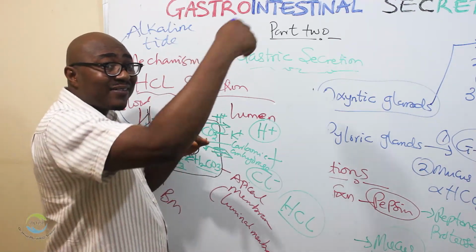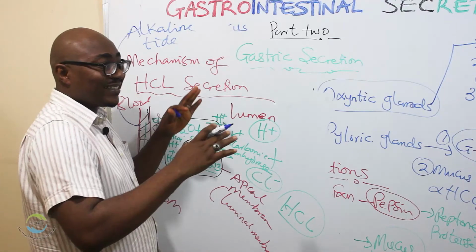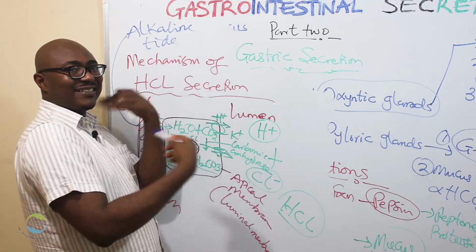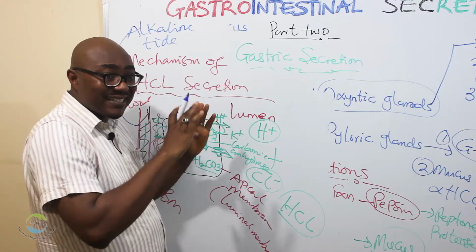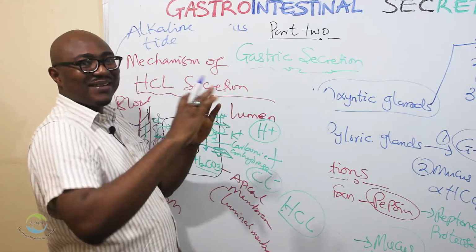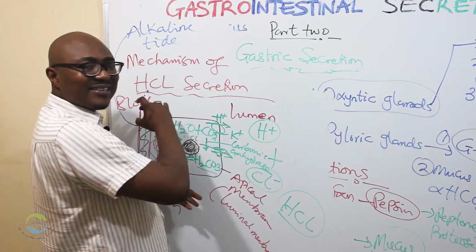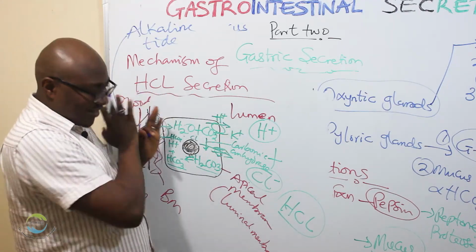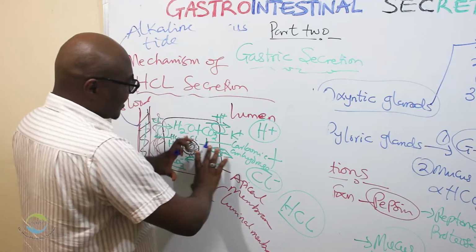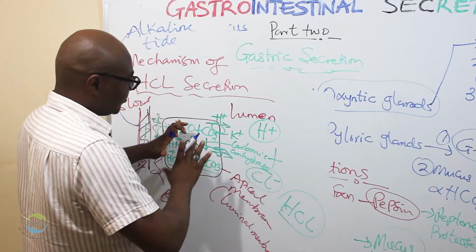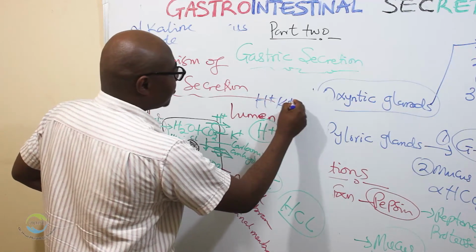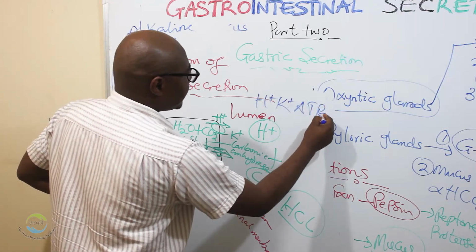When we talk about pancreatic secretion later, you'll see that pancreatic secretion needs a lot of this bicarbonate, because pancreatic enzymes need an alkaline medium. So it will go to the pancreatic blood supply later. Okay? So this is the mechanism. It uses hydrogen potassium ATPase.